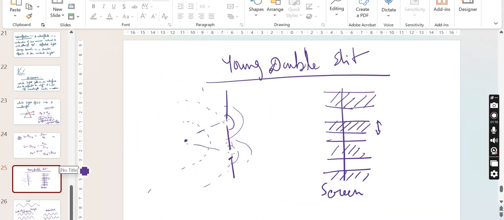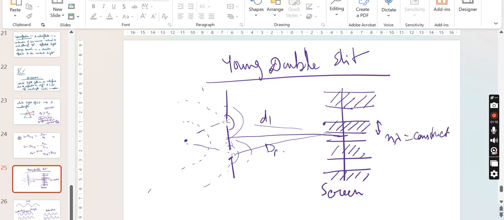Depending on the distance, if two waves interfere constructively, the distance is n lambda, and that is constructive interference. But here, the distance is a destructive distance. If the distances are d1 and d2, the path difference is d2 minus d1.